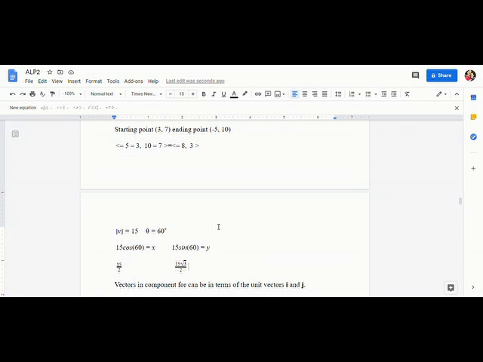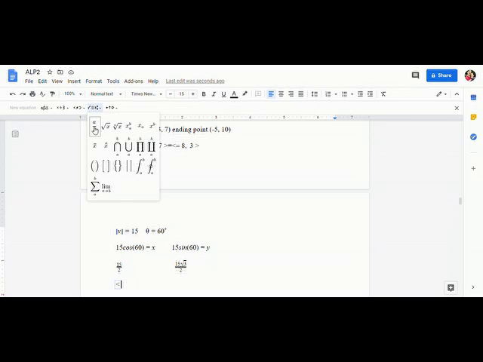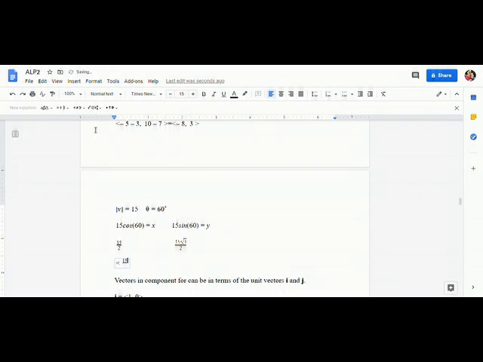And that is actually the x and y coordinate for the component form of this vector. So we could just write it as 15 over 2, and 15 times the square root of 3 over 2.